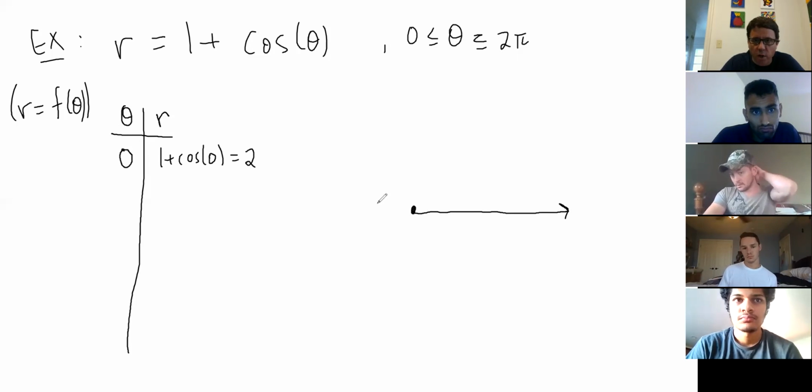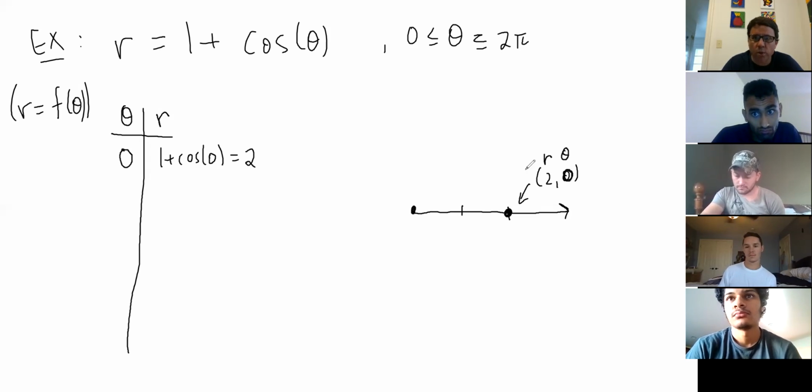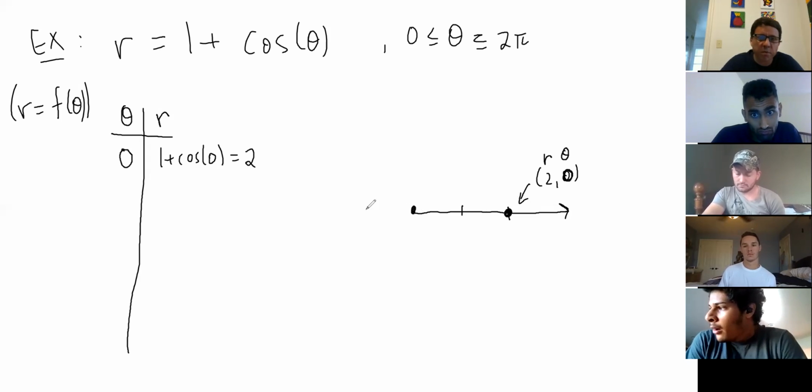Well, when theta is 0, I go out 2 units and I just plot a point. So that right there is the point (2, 0) in polar. R is 2, theta is 0. So that's my starting point. This is the origin.